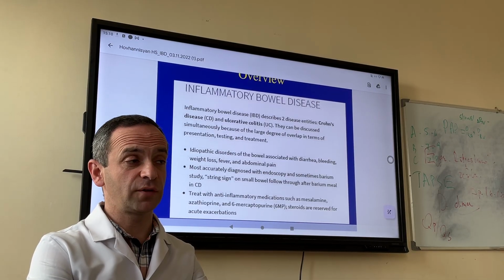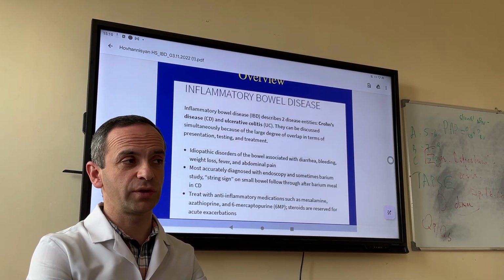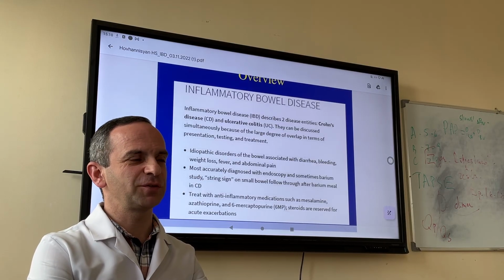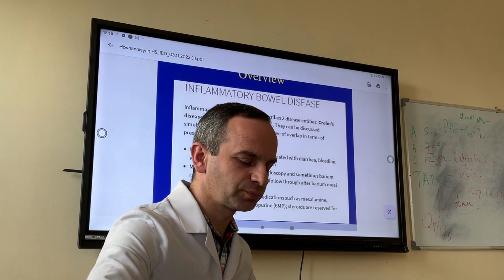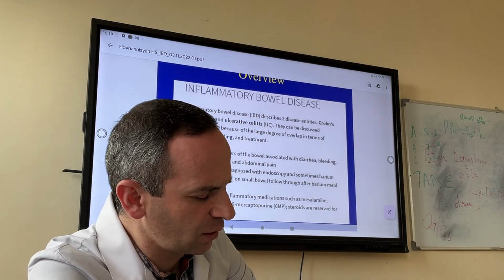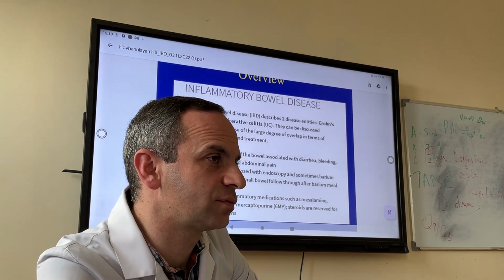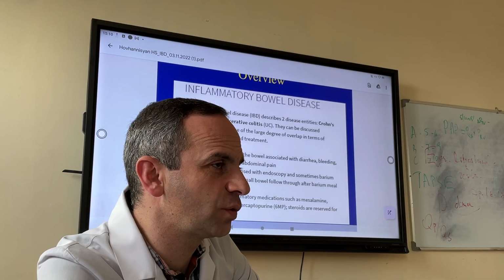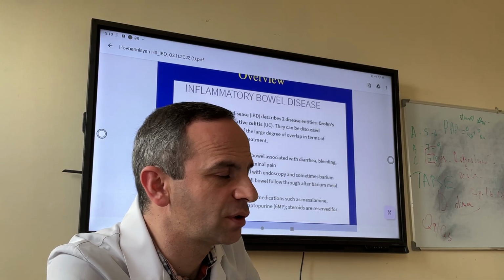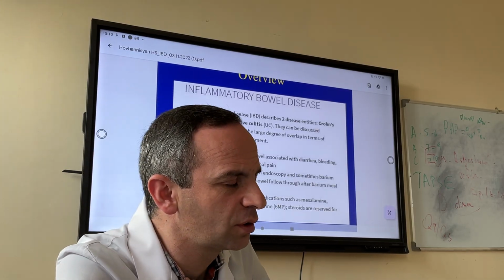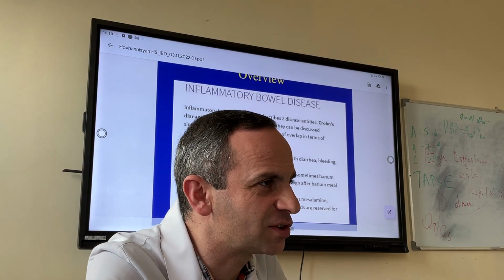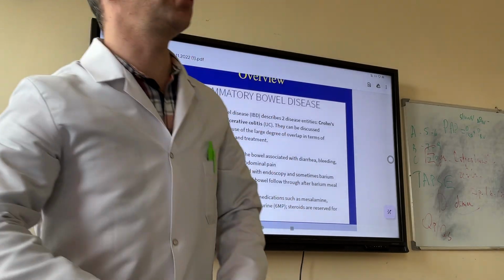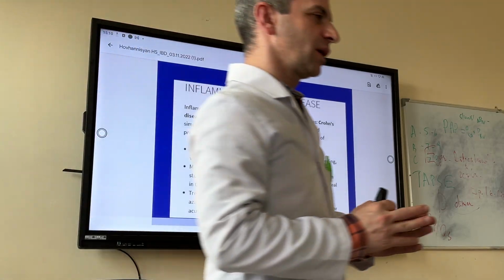Even after using all the toolkits you have, endoscopy with biopsy, biomarkers, and so on. Crohn's disease, when it was first described by Crohn and colleagues, was called terminal ileitis. So it's the terminal portion of the ileum that becomes sick.